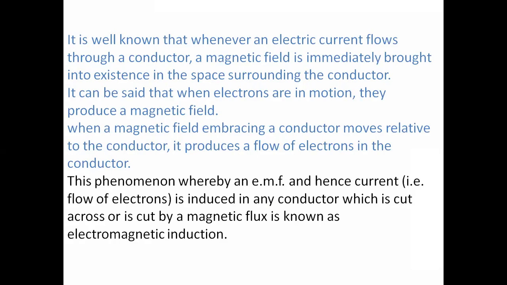We are applying a magnetic field, and by the movement of the conductor in the magnetic field, the electrons have motion, and due to that we have the current. That's why these are called induced EMF and induced currents.